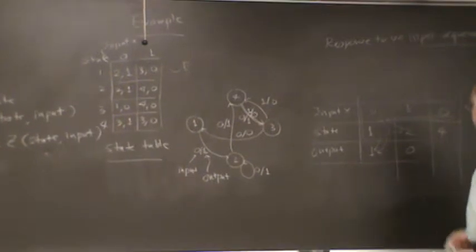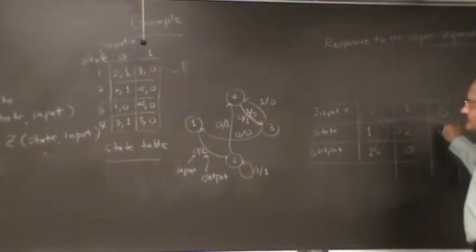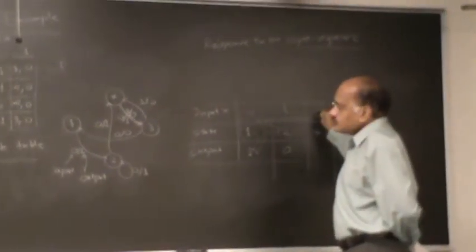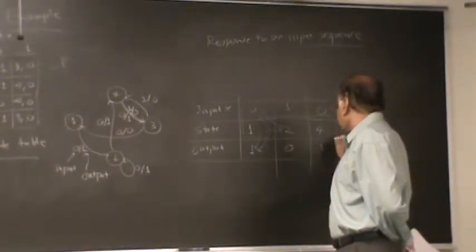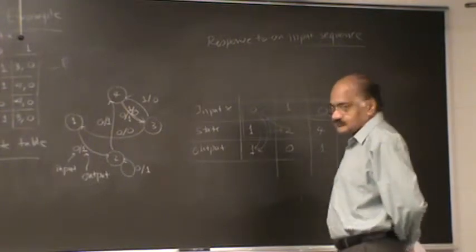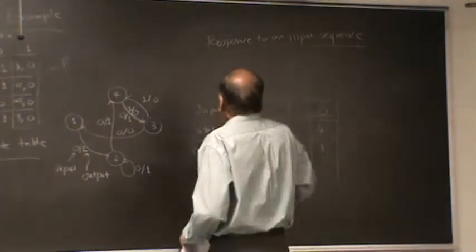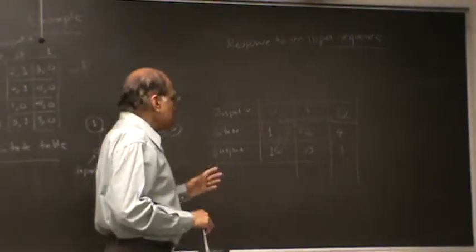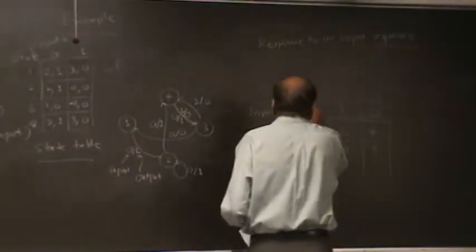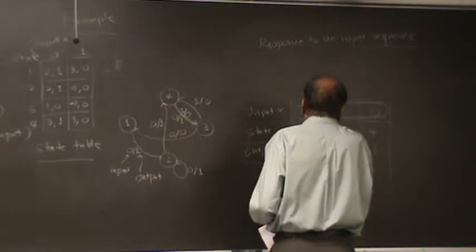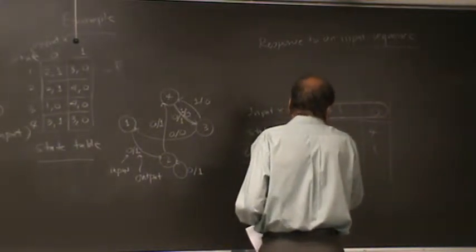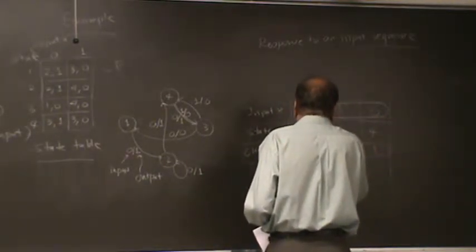And you can figure out that when you are in state 0, if the input is 0, then your output is going to be 1, and so on. So this shows the response to an input sequence. So here is the input sequence. And here is the response to an input sequence.